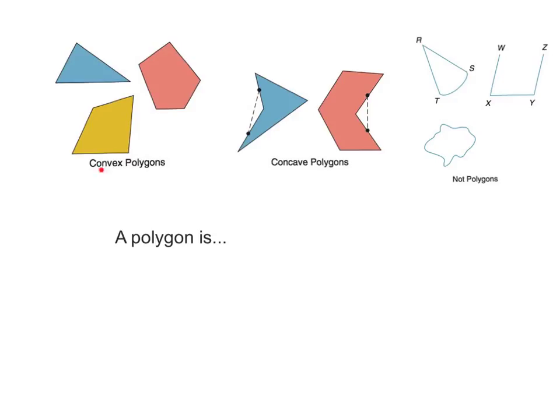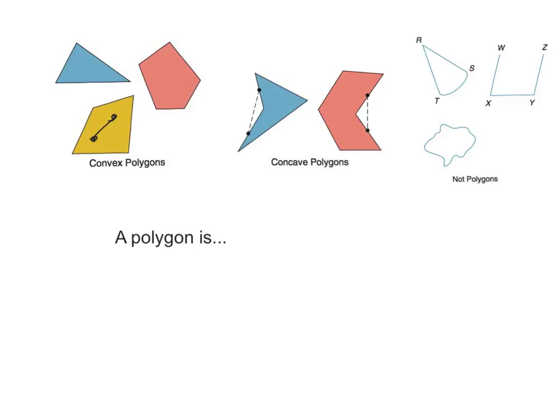We know that these are convex polygons, these are concave, and then these are not polygons. But why? Take a moment, write in your notes, and then we'll come back. Okay, so when we talk about a polygon, I should be able to have 2 points and be able to draw a line between them.